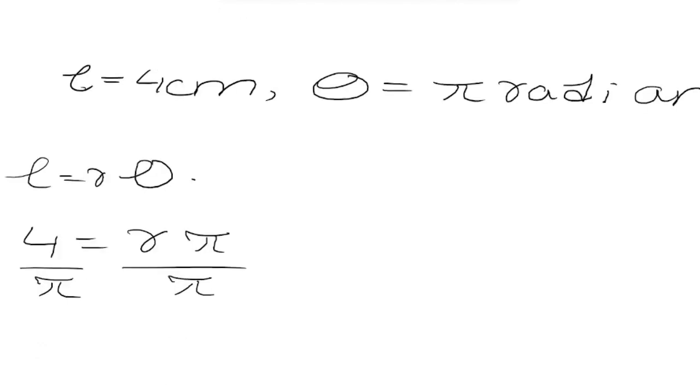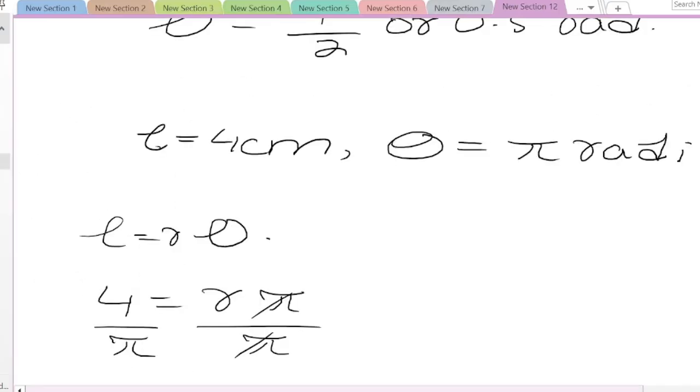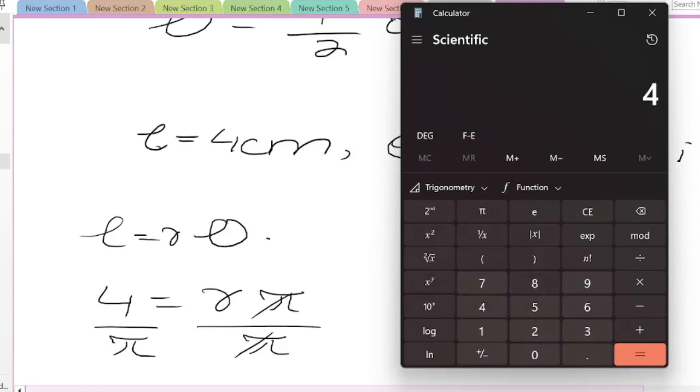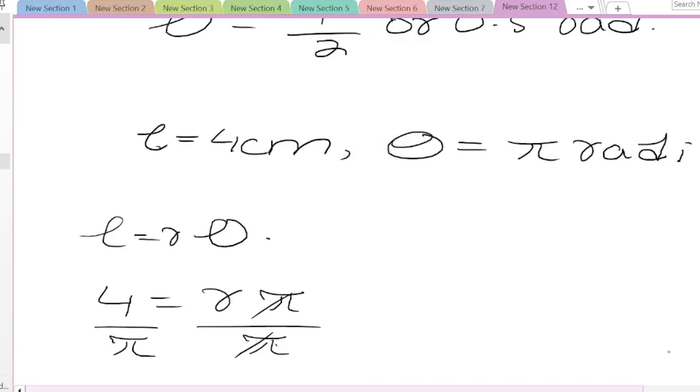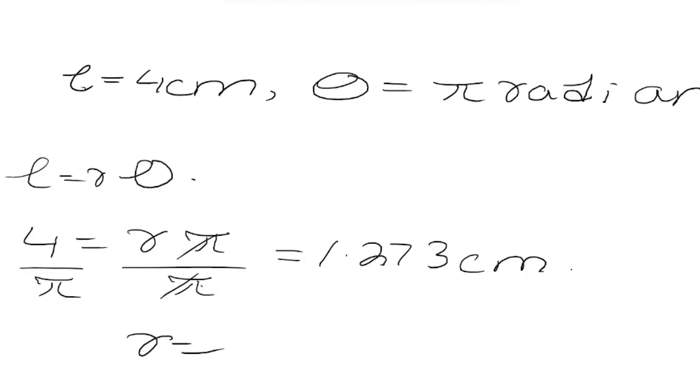So 4 divided by pi will be equal to our radius. We are gonna divide 4 with pi, so that is 1.273 centimeter as our answer. So this is our answer.